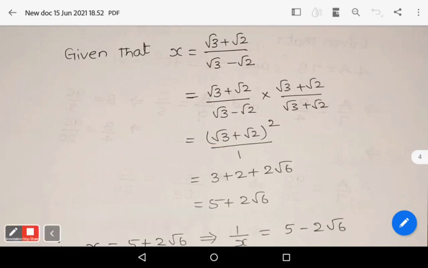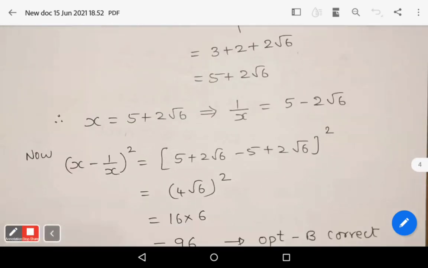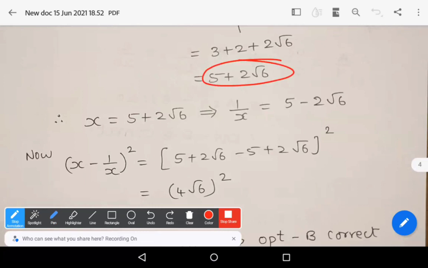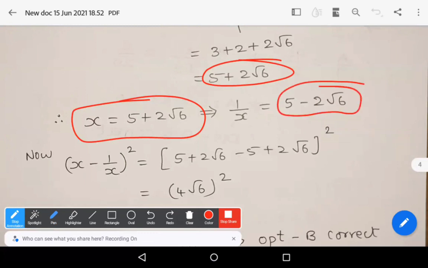After simplifying, you get 5 plus 2 root 6. So the value of x is 5 plus 2 root 6. Then it is very trivial. 1 by x is equal to 5 minus 2 root 6. Verify that.